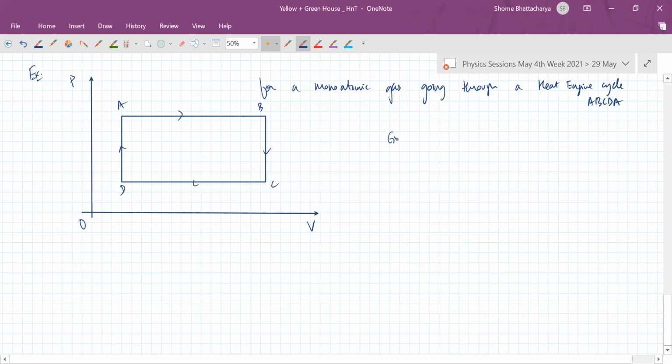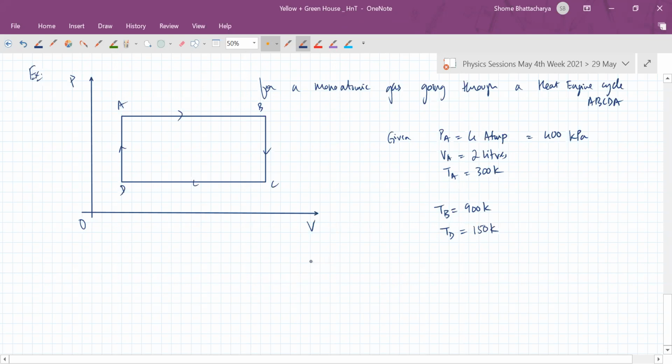Given that pressure at A is 4 atmospheres or 400 kilopascals or 4 into 10 raised to 5 pascals. Volume at A is 2 liters and temperature at A is say 300 Kelvin. Temperature at B is 900 Kelvin and temperature at D, this one here, is 150 Kelvin.